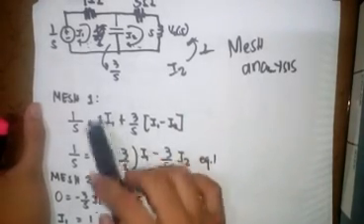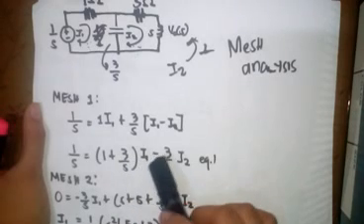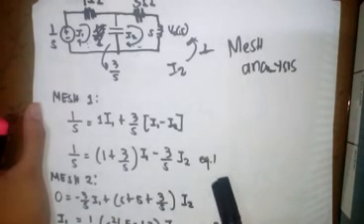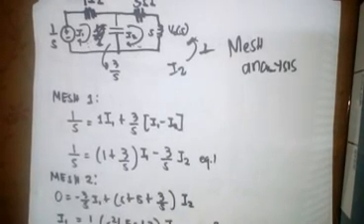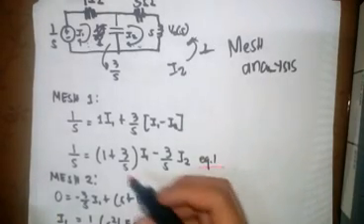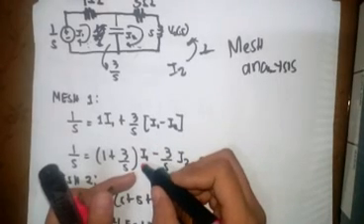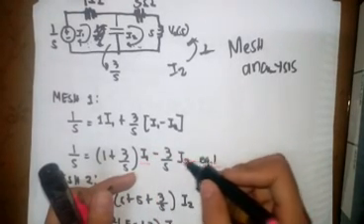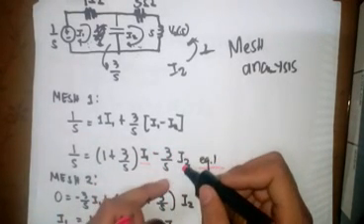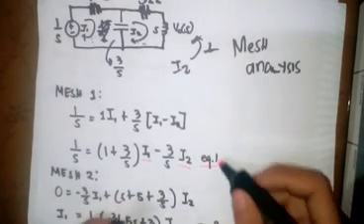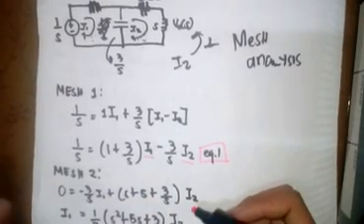Then regrouping 1 and 3 over s, we have equation 1: 1 over s is equal to the quantity 1 plus 3 over s multiplied by I1, minus 3 over s multiplied by I2.